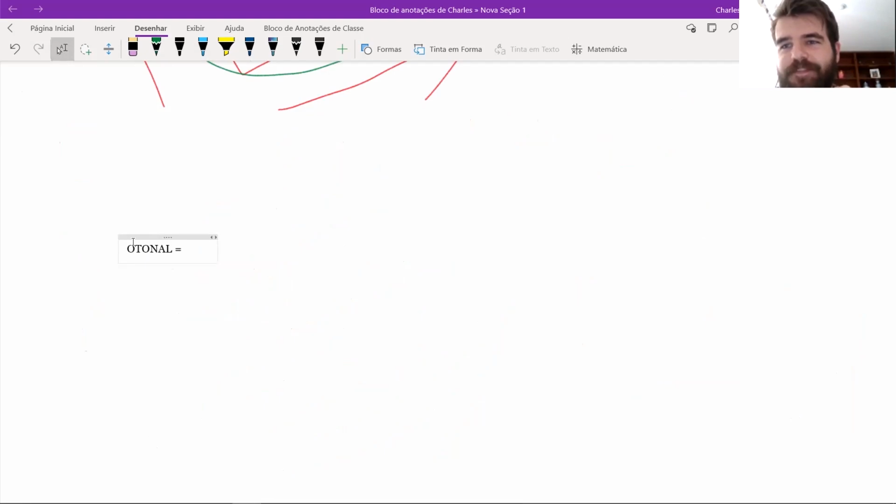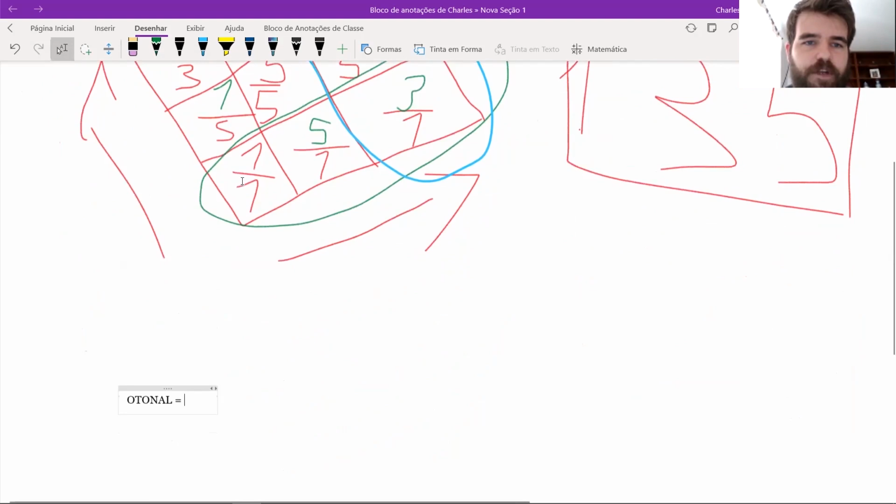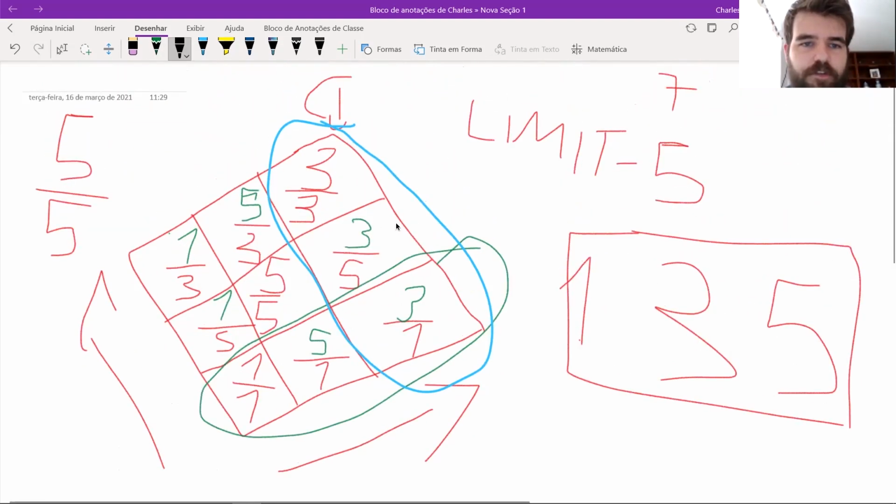The otonal diagonal is about one set of ratios. So here we have 3 diagonals of otonal chords. All the ratios from left to right are otonal chords, and from right to left are utonal chords.